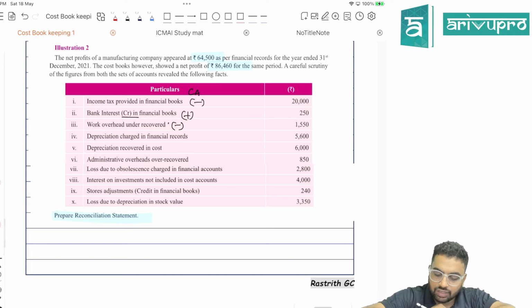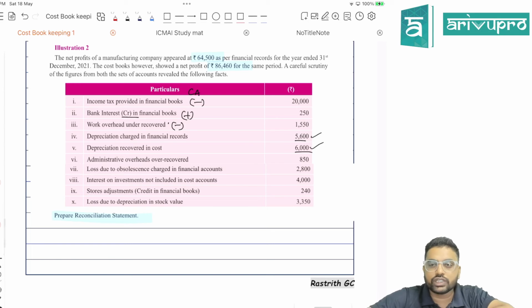Depreciation charged in the financial records is 5,600. Depreciation recovered in cost is 6,000. So in financial accounts 5,600 and in cost 6,000, which means in the financial record expense shown is less. Here we showed more, sir. What should you do, sir?